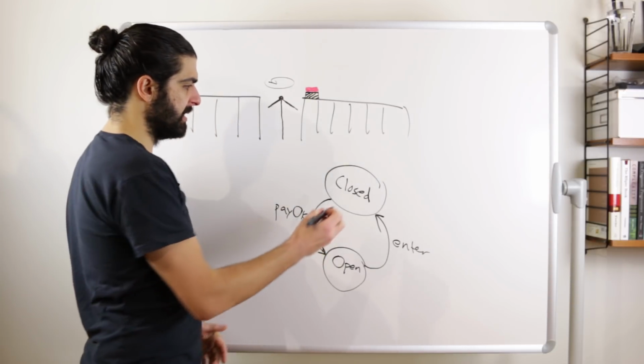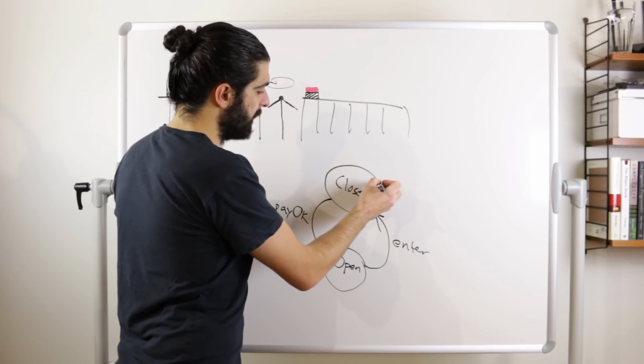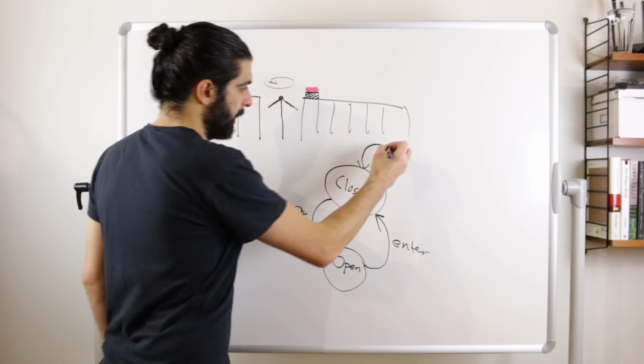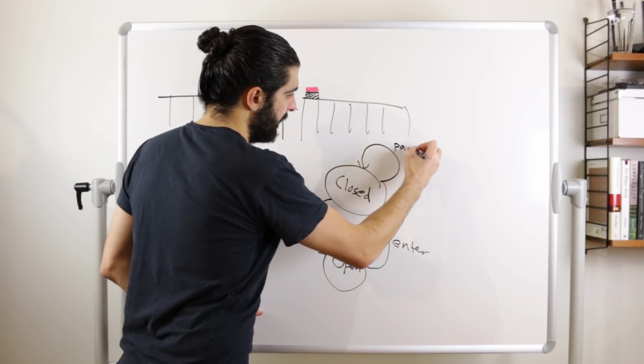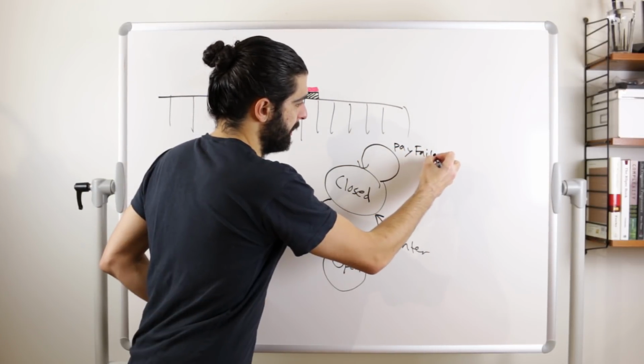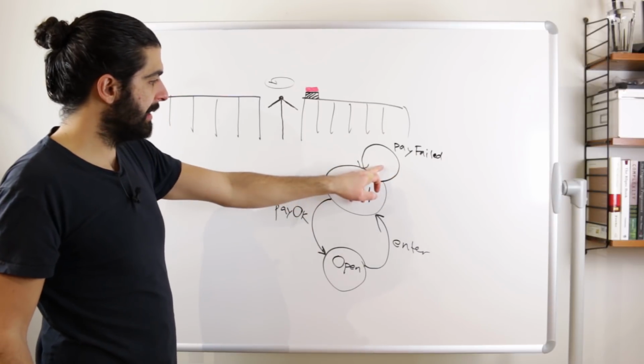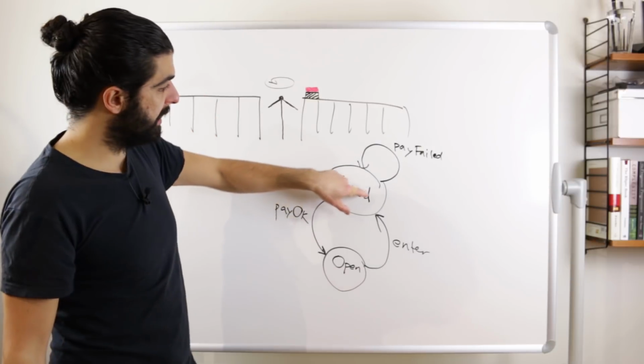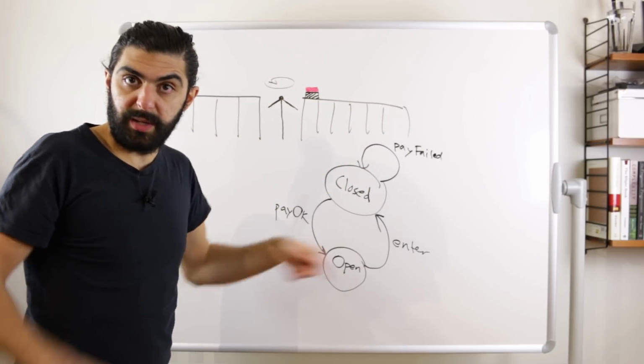If we don't have the necessary funds, when we're at closed and trying to pay, but we don't have the funds, let's say pay fail. If the payment failed, then we simply stay in the closed state.